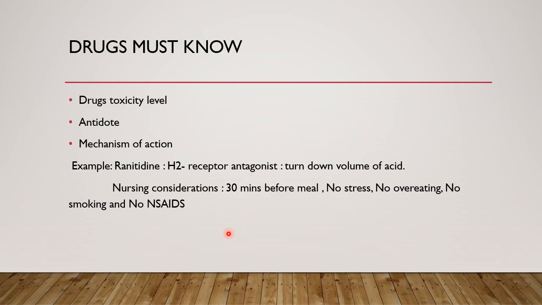During the NCLEX examination, they might ask you about nursing considerations while giving ranitidine. So you must know the nursing considerations of common drugs. For ranitidine, the most common nursing considerations are: give ranitidine 30 minutes before meals. No stress, no overeating, no smoking, and no NSAIDs with ranitidine.